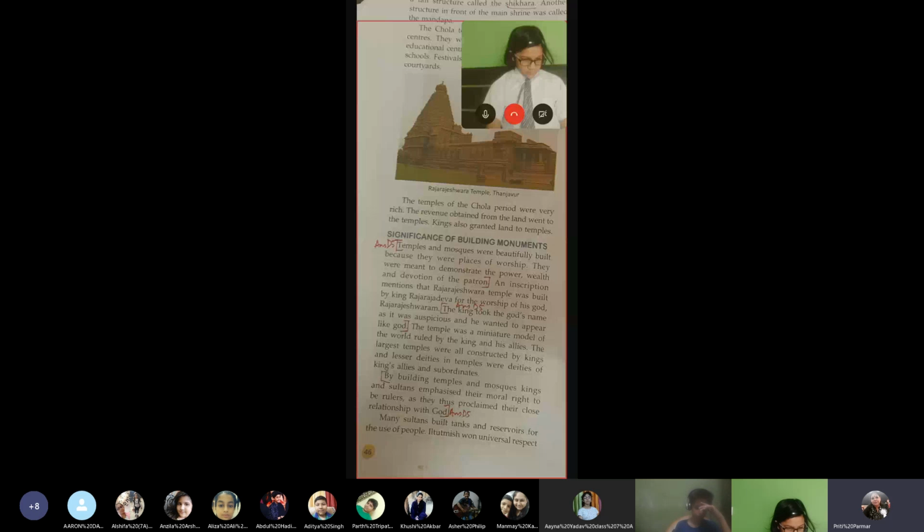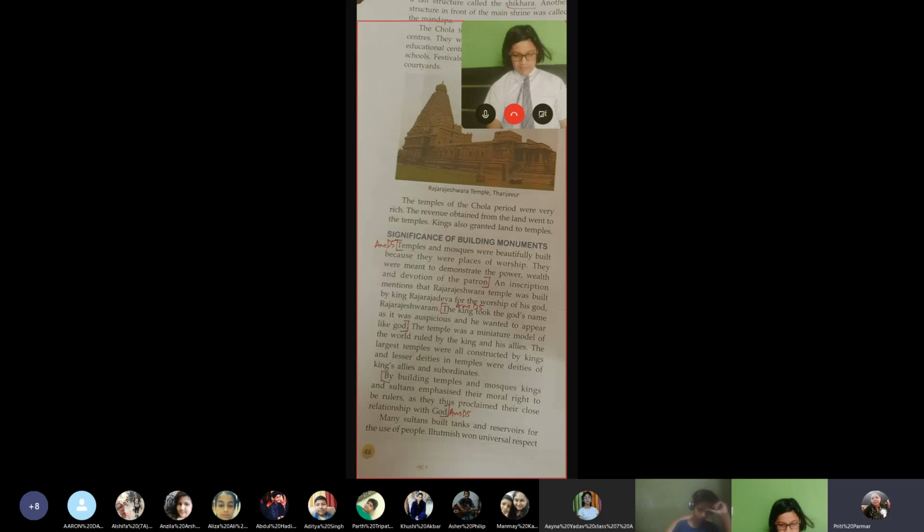Then many sultans built tanks and reservoirs for the use of people. Apart from temples, welfare structures like tanks were also made. These huge tanks could hold water, and that water was supplied to various parts of the kingdom. So these reservoirs and water tanks were used to help the people.